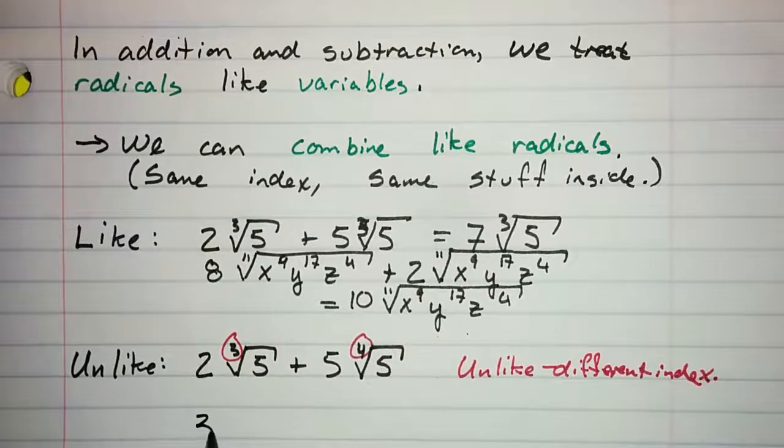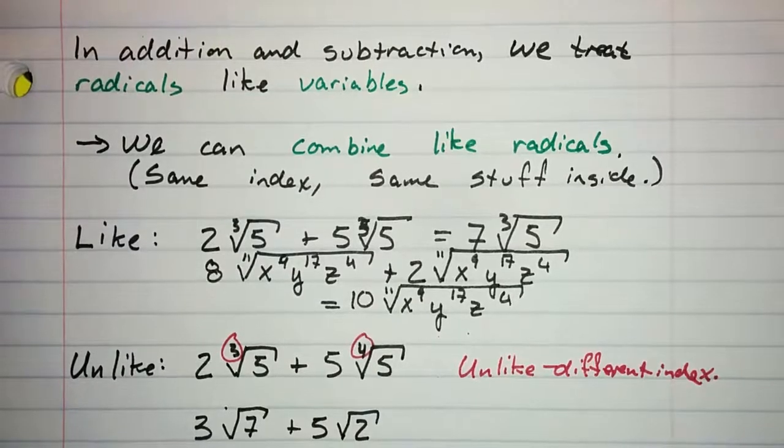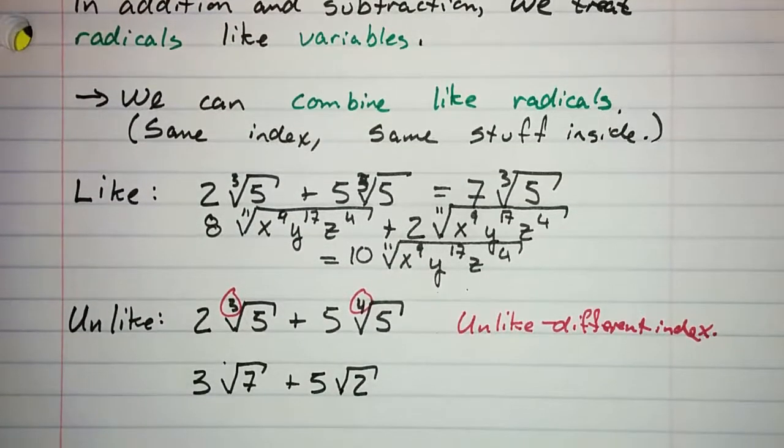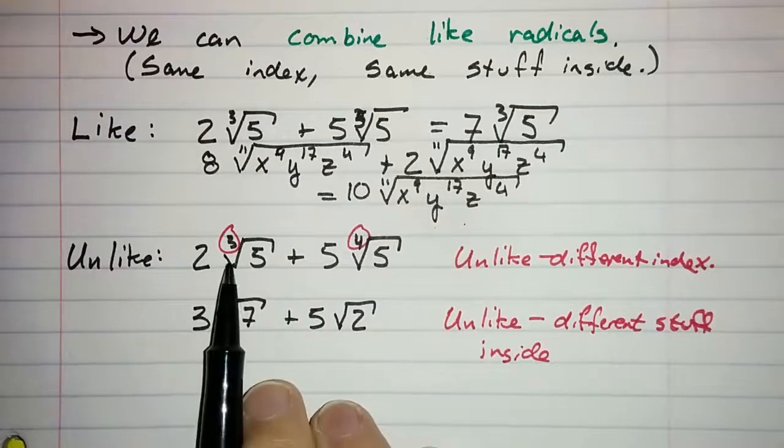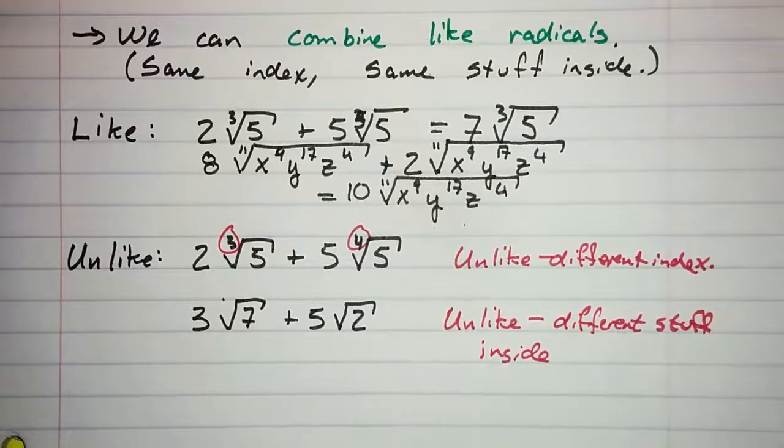If I have 3 times the square root of 7 plus 5 times the square root of 2, these are unlike. Different stuff inside. Right? This is called the radicand. So different index, not like radicals. Same index but different stuff inside, not like radicals.